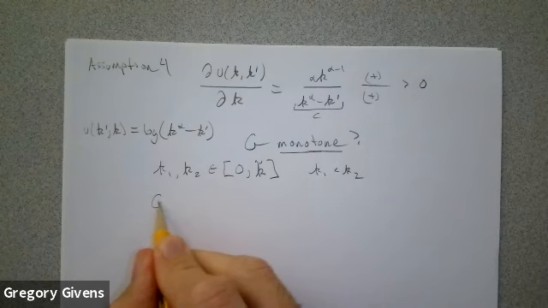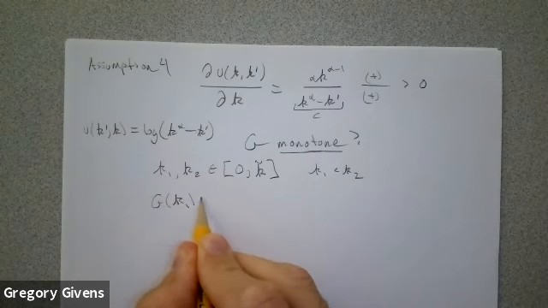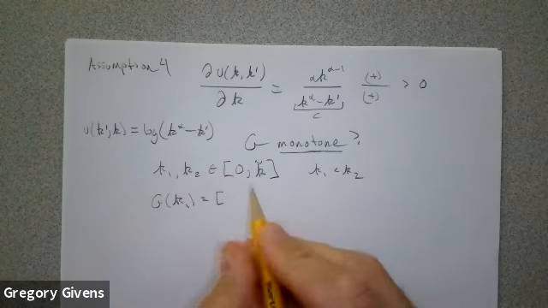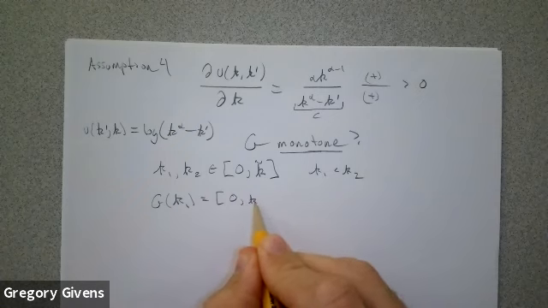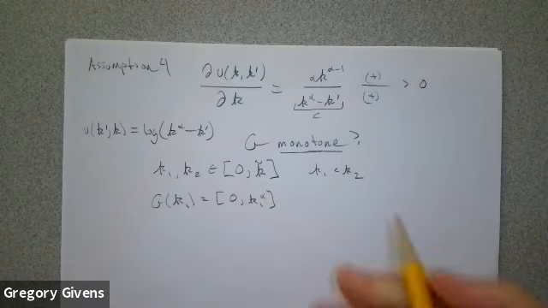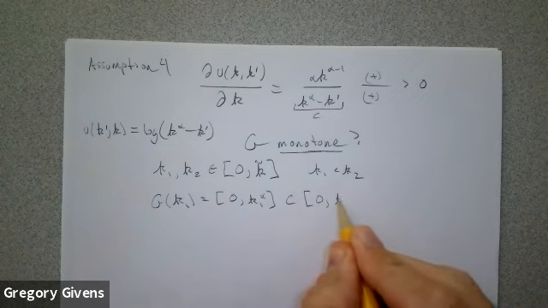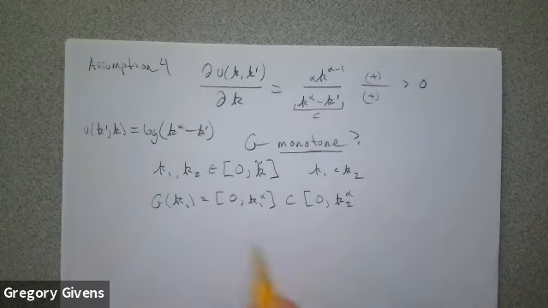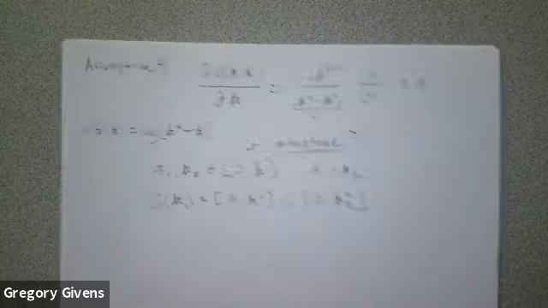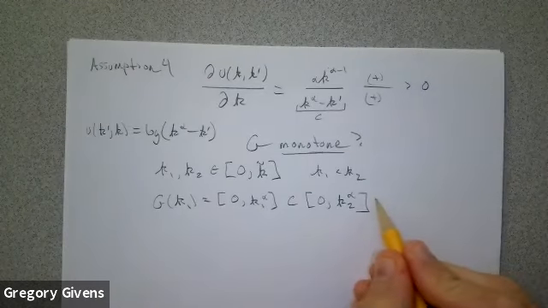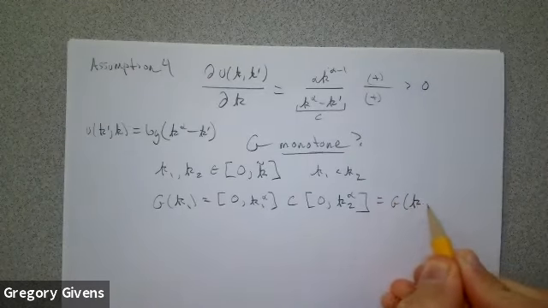What's G of K1? That's defined by the set 0 to K1 to the alpha, right? Well, you'll notice that that is fully contained in the set defined by 0 to K2 to the alpha, because K2 is bigger than K1. Well, this set 0 to K2 to the alpha is, of course, just G of K2.